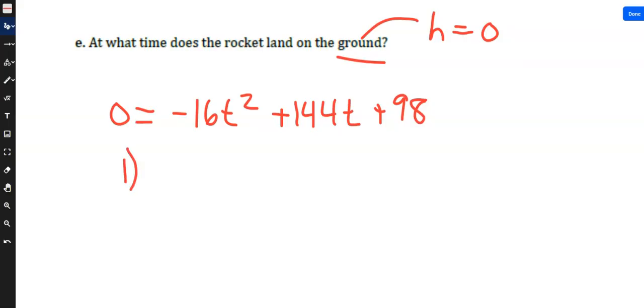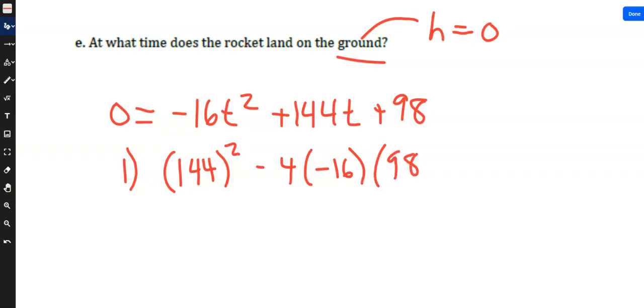So b squared minus 4 times a times c equals, just typing on my calculator here, 27,008.